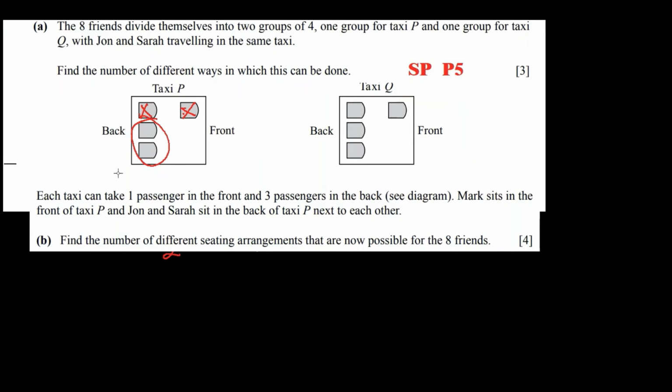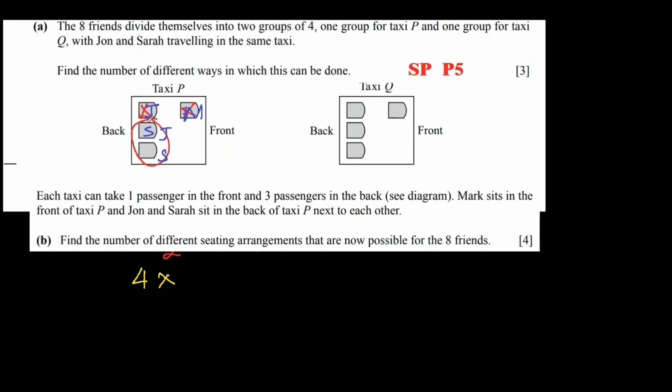Okay, this Mark is in front. So Mark comes out to be here in front. Okay, John and Sarah on the back side next to each other. So John and Sarah could be this way, right? Or John and Sarah could be this way or opposite of them. It means there are 4 ways to let Sarah and John sit next to each other.